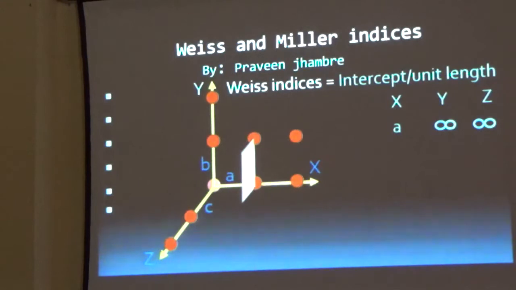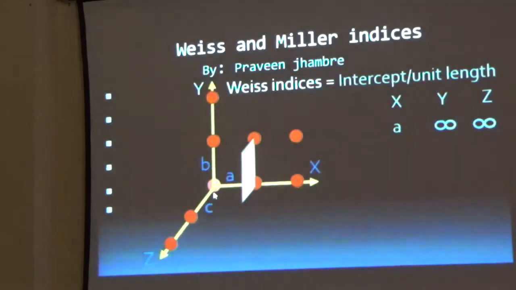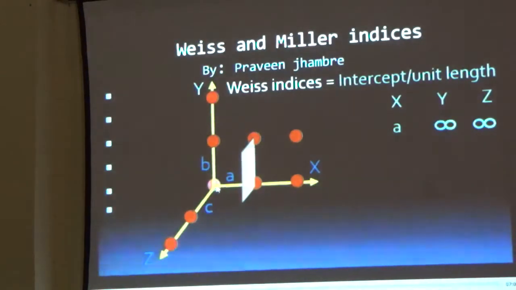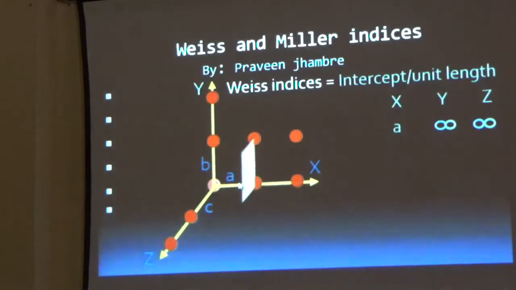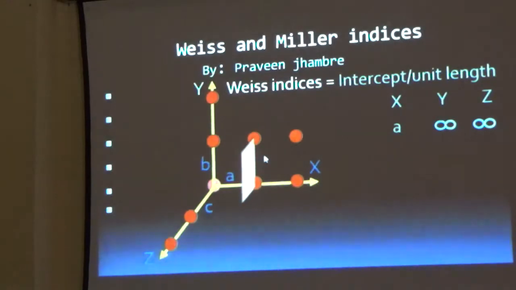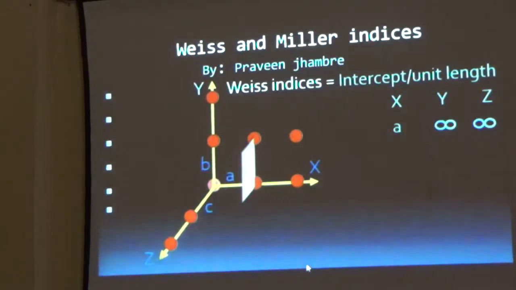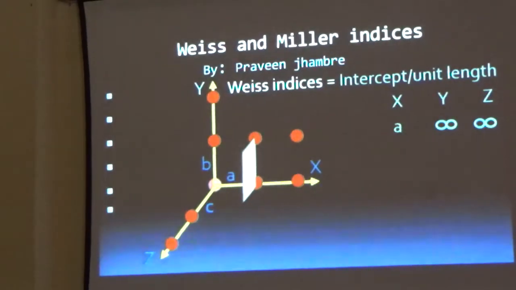So to find the intercept value, if we consider this as the origin, we have to move in the x direction up to unit A. But this length is not specified, so we consider this plane is up to the infinite limit.